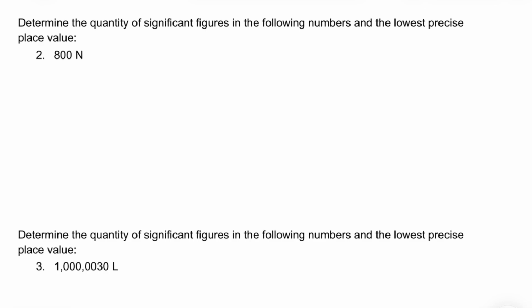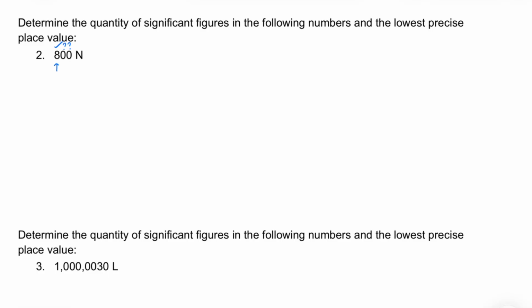For question 2, we have 800 newtons. Again, we want to find our non-zero numbers. We got 8, and we know that's going to be significant. And then we've got our 2 zeros following the 8. And remember, zeros that follow our non-zero numbers, we always have to question whether or not they're significant, because sometimes they are, sometimes they're not. And when they are significant is when there's a decimal point that is explicit in our number.